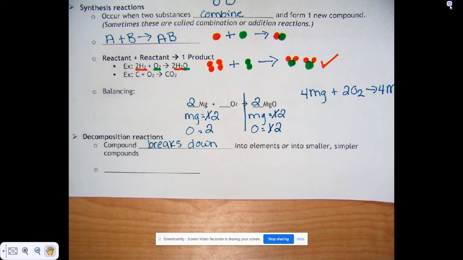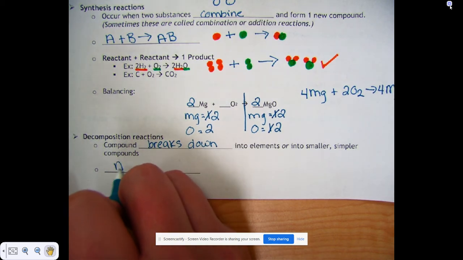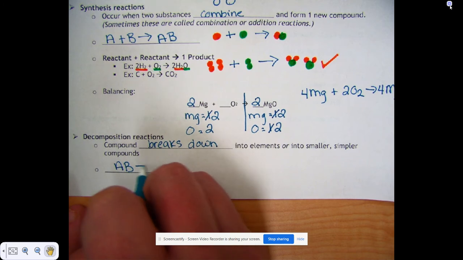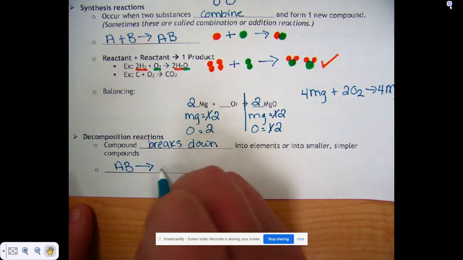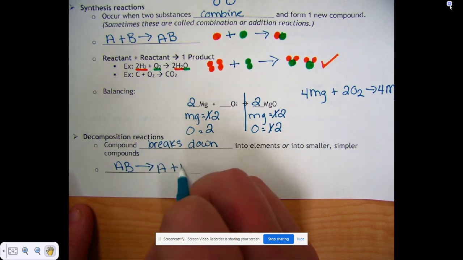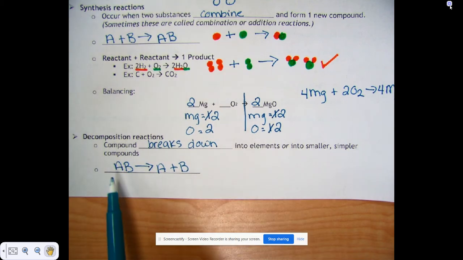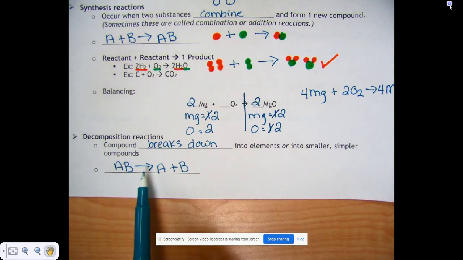So if you think of decomposing, things are breaking down. So I start with one thing, pretend A, B, and it breaks down into A plus B. Now, on the left of this arrow, the yield sign, is going to be my reactant, and here I only have one reactant, and that's okay. But I have a couple of products, so don't let it fool you.